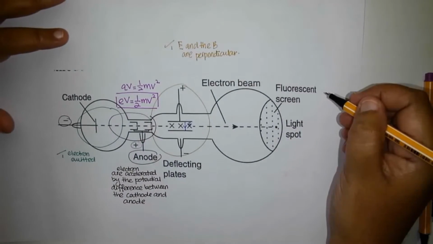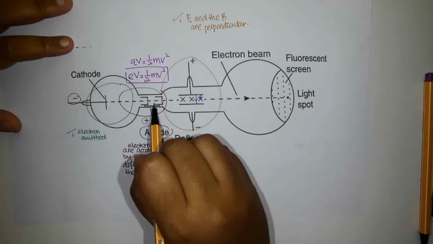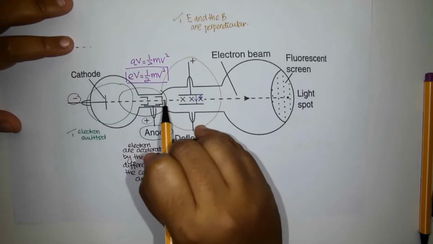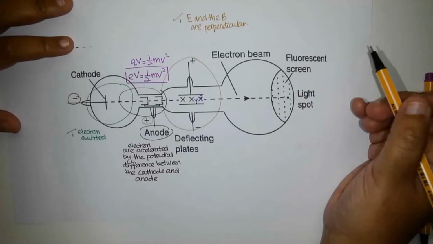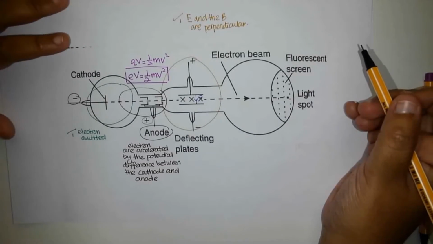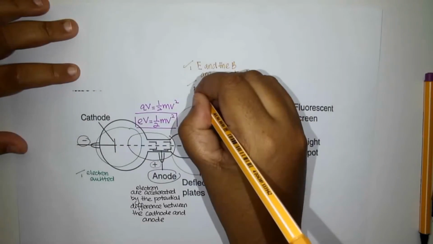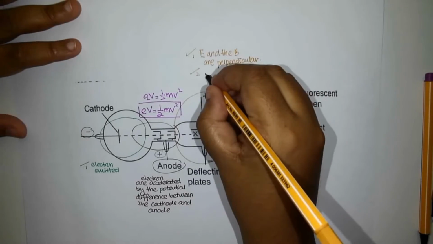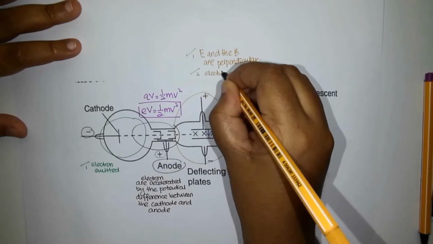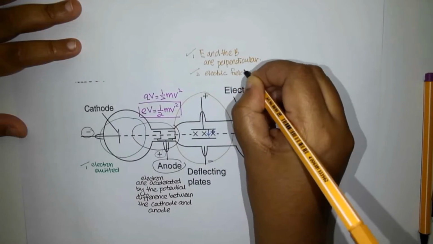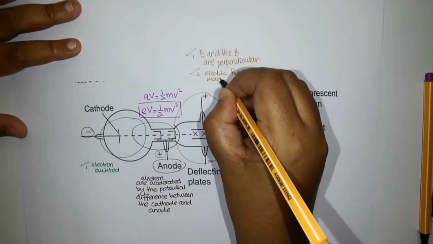When the electron beam enters into this region, the electron beam will be acted on by two fields: one is the electric field and one is the magnetic field.